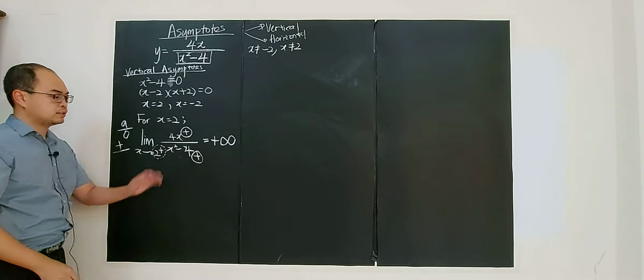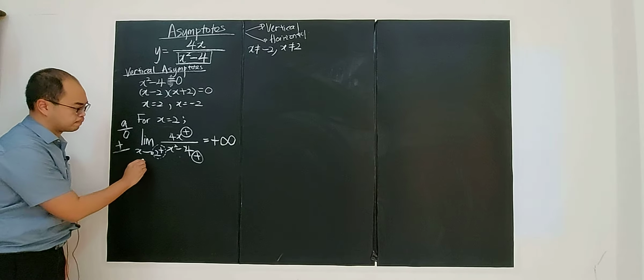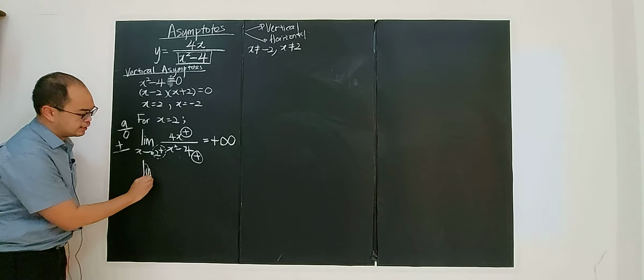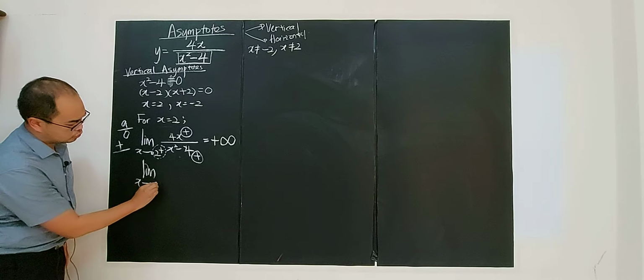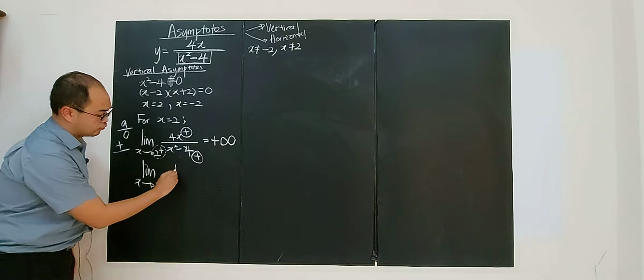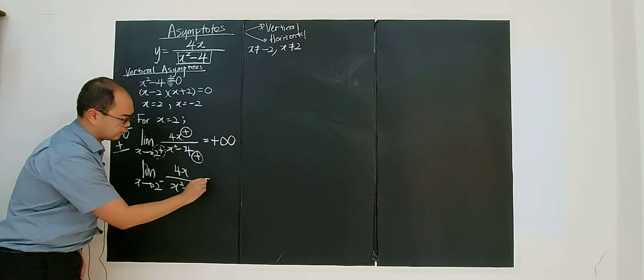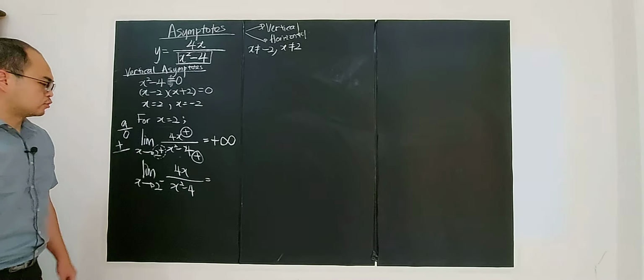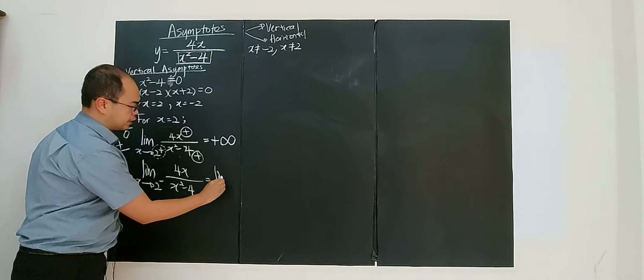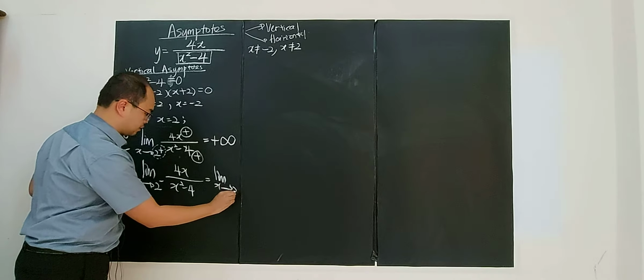Okay, hold on. This is a technique. Now let's calculate the limit as x approaches 2 from the left of 4x over x squared minus 4. I'm not going to repeat everything; it's the same thing.